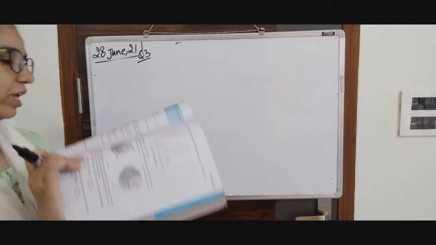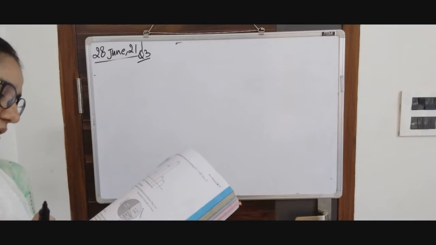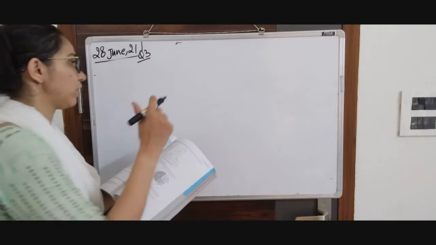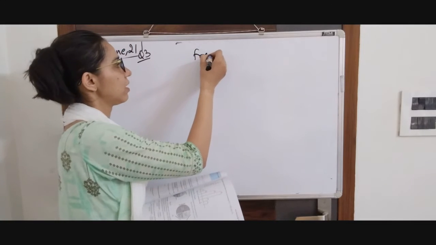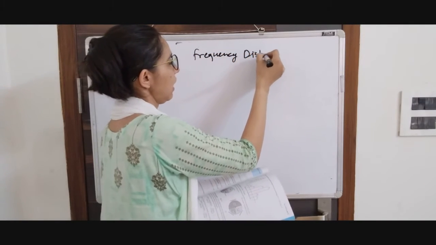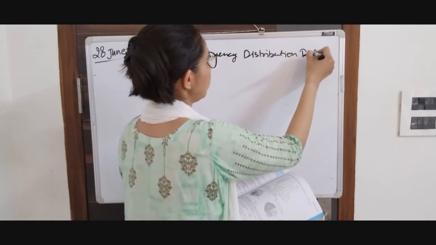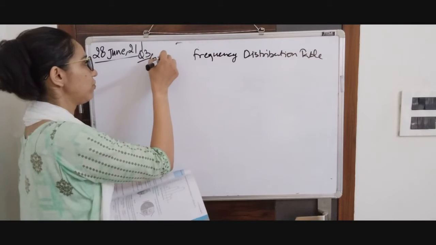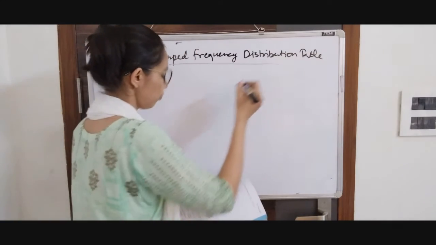We have to use tally marks to make a frequency table with intervals also given. So first we have to make the frequency distribution table, and this frequency distribution table is going to be a grouped frequency distribution table because we are using intervals here.